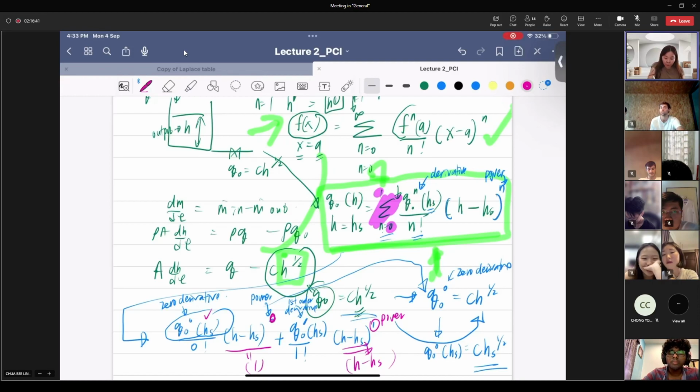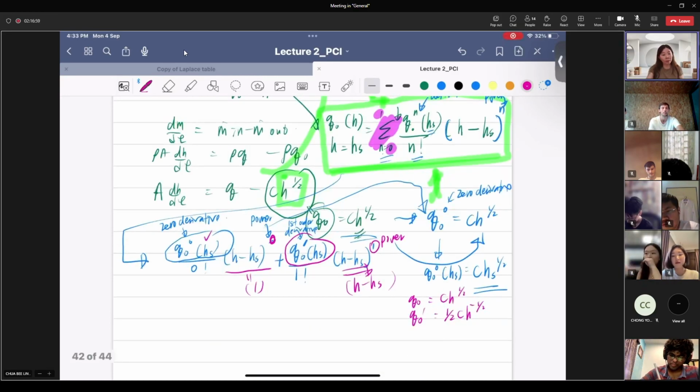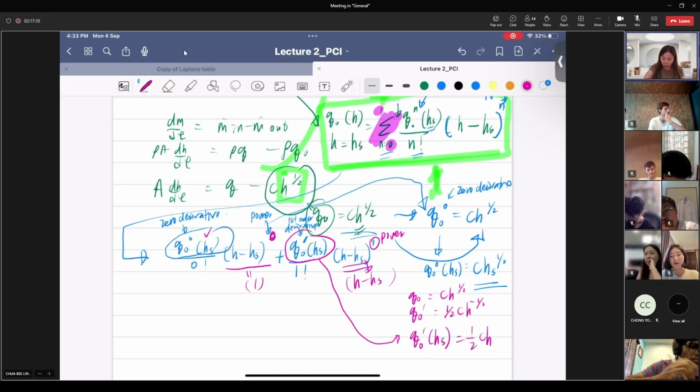So how about the first-order derivative? It is the same as this. You have your Q0 given as C h^(1/2). So the first-order derivative will be 1/2 C h^(-1/2). Then this whole thing, Q0 with h equals h_s, you will have 1/2 C h_s^(-1/2).